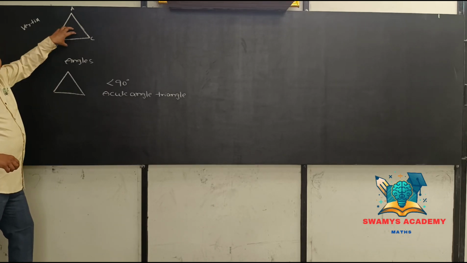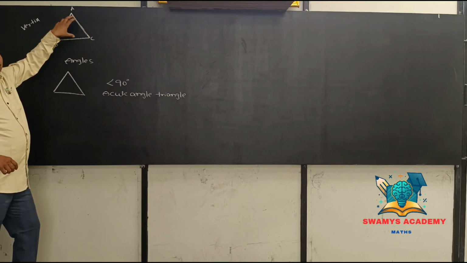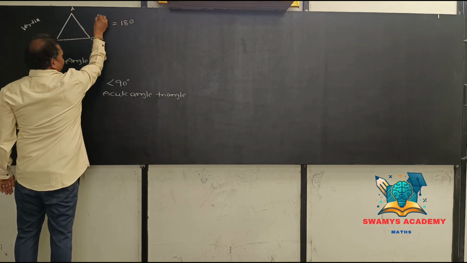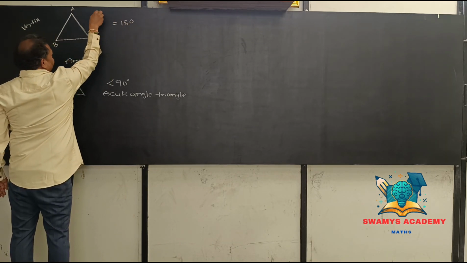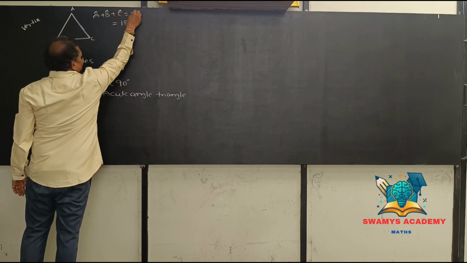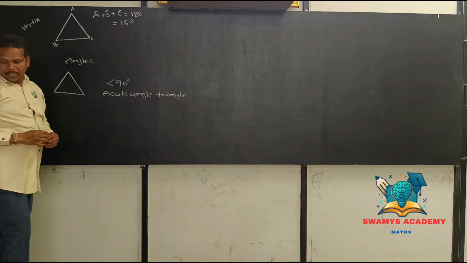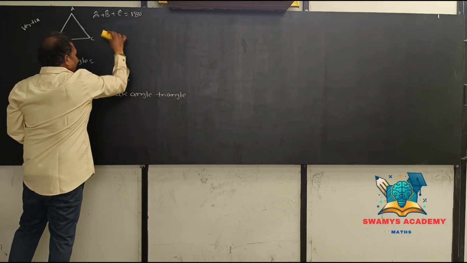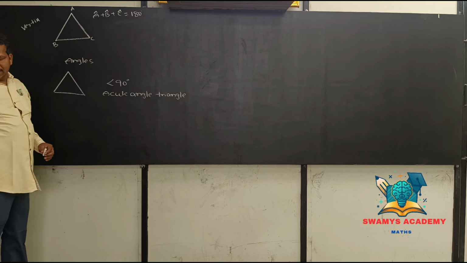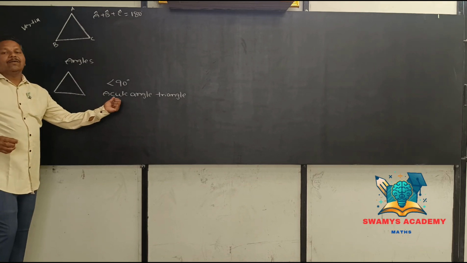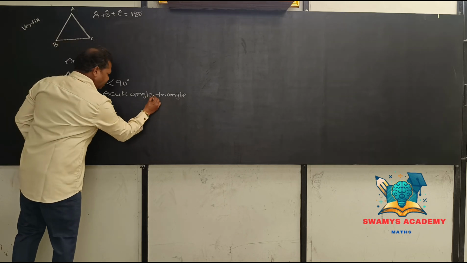In a triangle, the sum of three angles equals 180 degrees. In any type of triangle, angle A plus angle B plus angle C equals 180 degrees. So, all the angles below 90 degrees, that type of triangle is called an acute angle triangle.